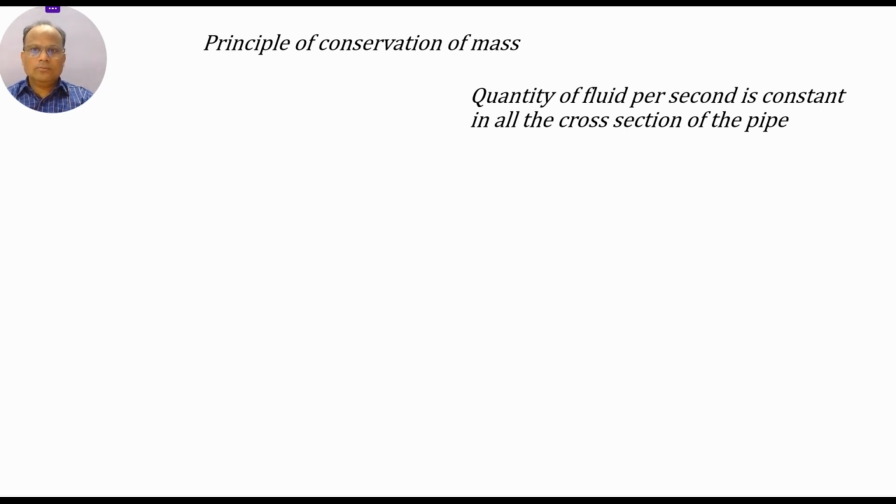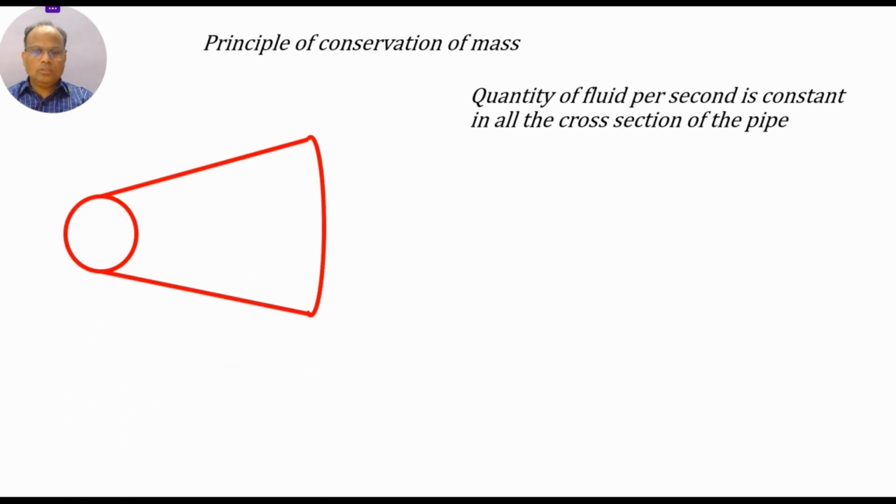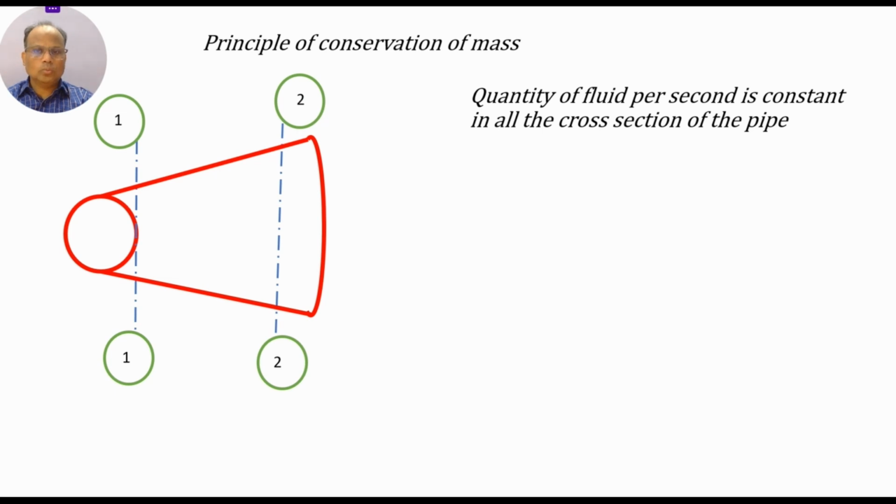Suppose the fluid is flowing through this pipe, and this is section 1 and this is section 2. The fluid is flowing through section 1 with a velocity v1, rho1 is the density of the fluid, and A1 is the cross-section area from where the fluid is entering.